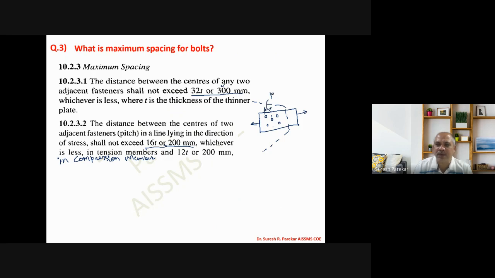So distance between any two bolts in the direction of stress is pitch, and perpendicular to the direction of stress we have this distance. This is known as gauge distance. So perpendicular to the direction of stress is gauge distance, and in the direction of stress is pitch.